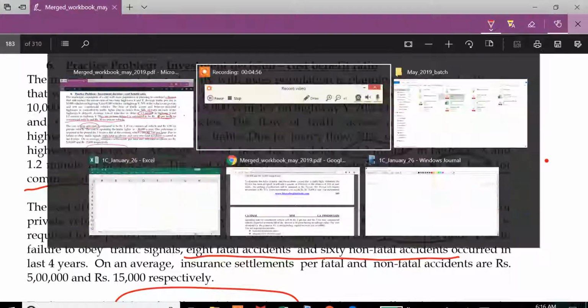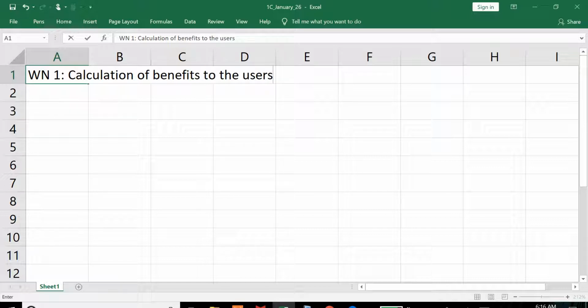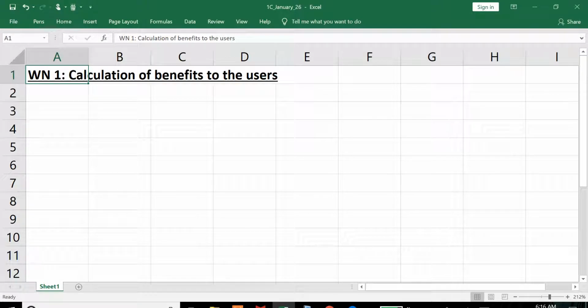Working note 1, calculation of benefits to the users. Particulars, calculation, amount.